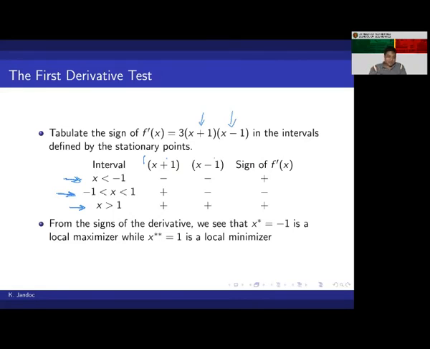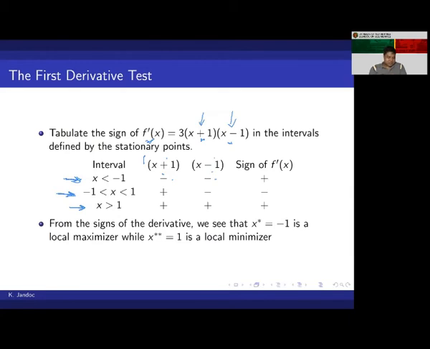So the sign of x plus 1 whenever x is less than negative 1 is negative, and the sign of x minus 1 when x is less than negative 1 is also negative. So if x plus 1 is negative and x minus 1 is negative, then the sign of f prime x will be positive. Good.